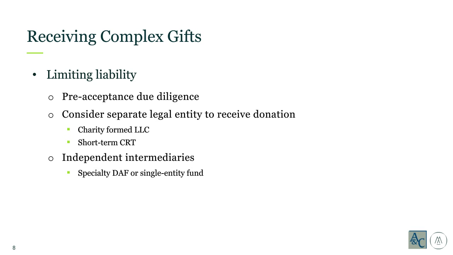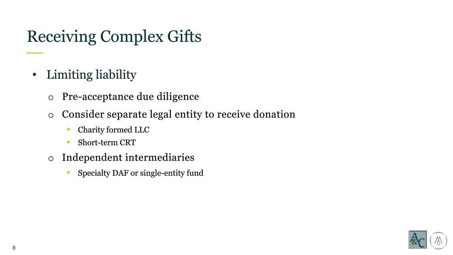The trustee, which may actually be the donor acting as trustee, then sells the asset, and at the end of the 2-year term, the charity receives all of what's left in the trust, which is almost everything. So the donor ends up with a charitable deduction of almost full value of the asset, but the charity never had to take title to the asset. So that can be another way to deal with problematic real estate, especially.